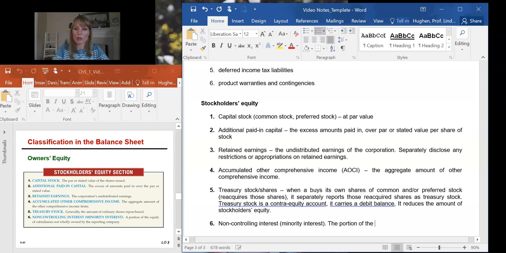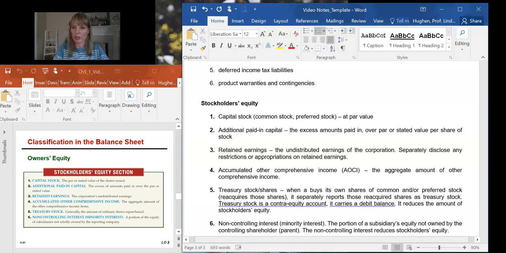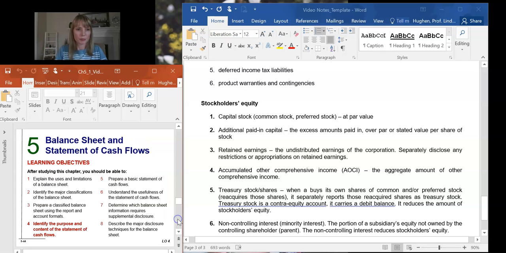So the portion of a subsidiary's equity not owned by the controlling shareholder or the parent company, the non-controlling interest, reduces stockholders' equity. So we'll see it listed with a negative amount on the stockholders' equity section.